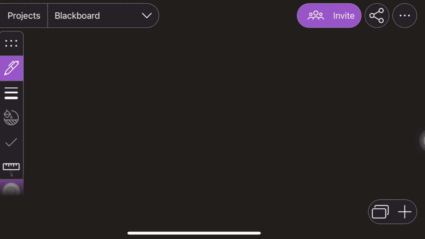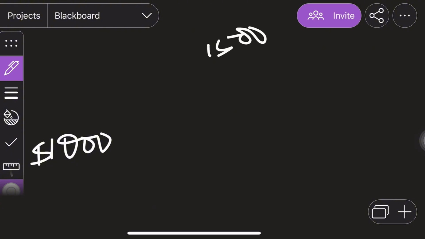So let's say you have $1,000 and the current exchange rate is 1,500 naira per dollar, and you believe that this valuation is too cheap. You can set a sell limit order at, let's say, maybe 1,600.